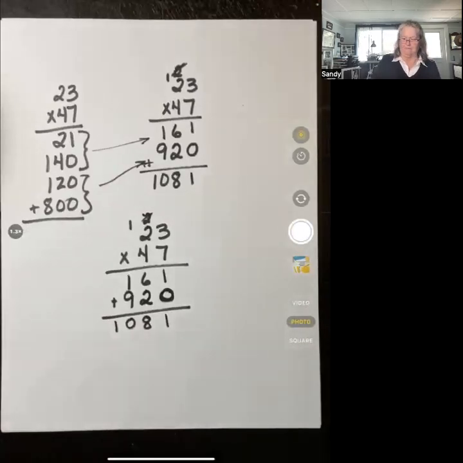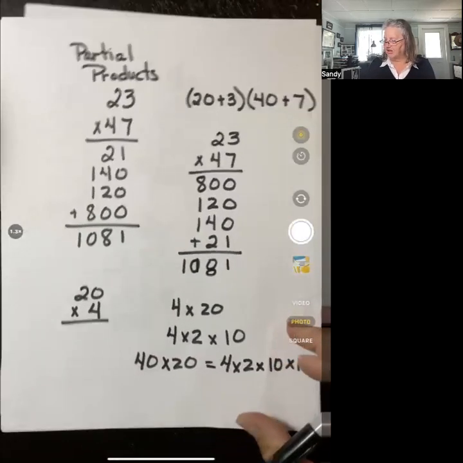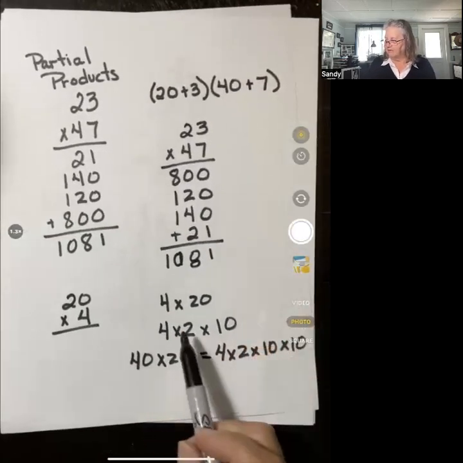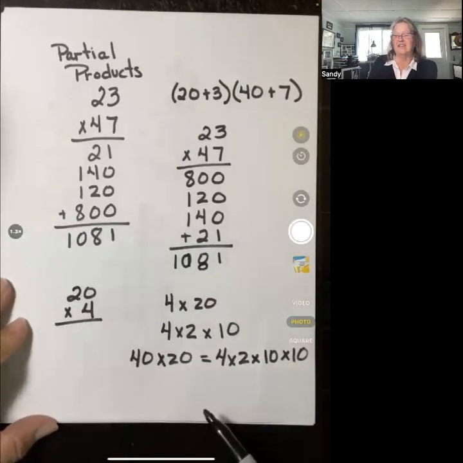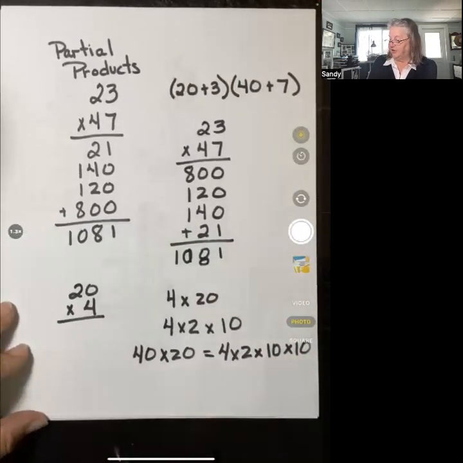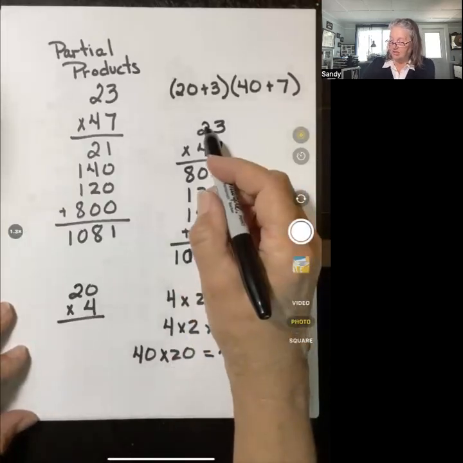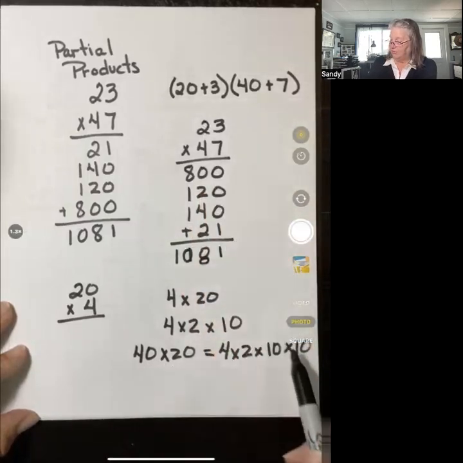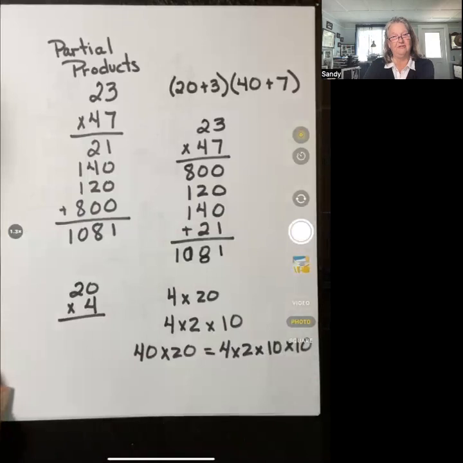But remember, I need that prior work to understand what's going on when I'm multiplying 4 times 20. Same as 4 times 2 times 10. Commutative property, I can do it in any order. Understanding that when we did 4 times 2, we then were multiplying it by a 100 to get it into the right place value.